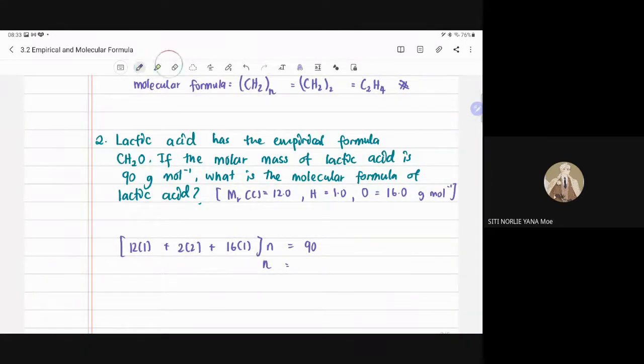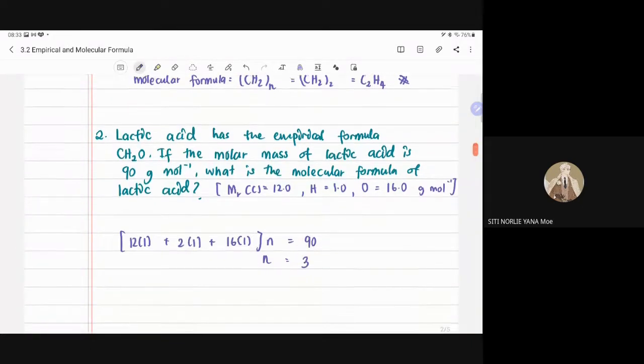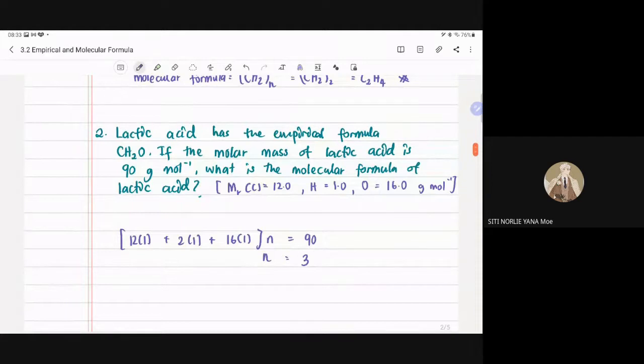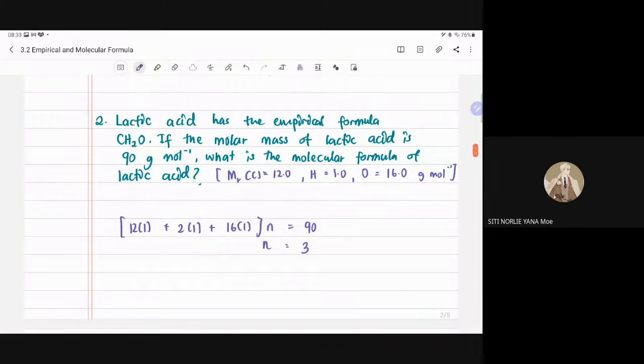Dia ada 1 oksigen. Okay, 12 tambah 2 tambah 16. Dapat 30. So 90 bagi 30. N sama dengan 3. Okay. So kamu sepatutnya dapat N sama dengan 3 ya. Nombor genap tu. Then from here, jawapan tadi tu tak betul.